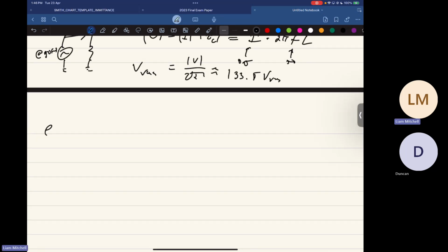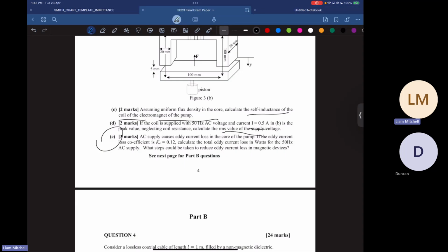The next part is a bit ambiguous because it says the AC supply causes eddy current loss in the core. If the eddy current loss coefficient is Z, find the total eddy current loss in watts. Here we need to assume either that the current stays the same as before or the voltage stays the same as before. That means we supply either with a voltage source or a current source, which is not specified.